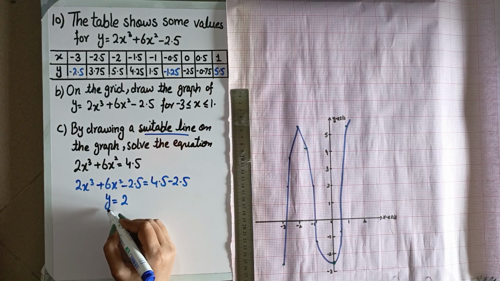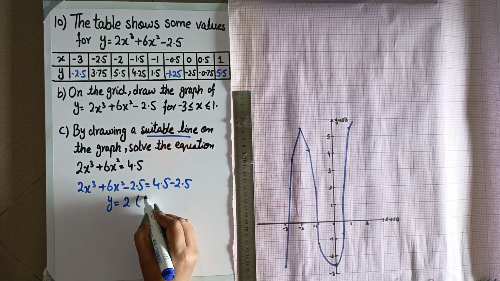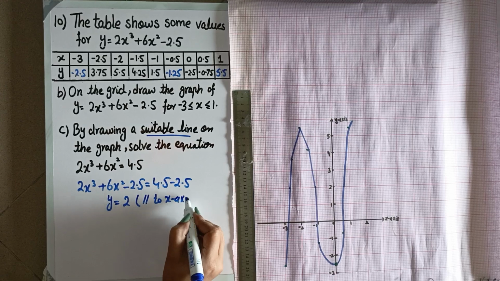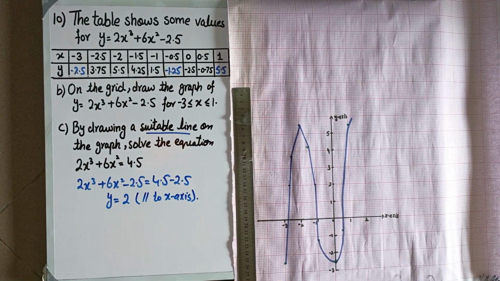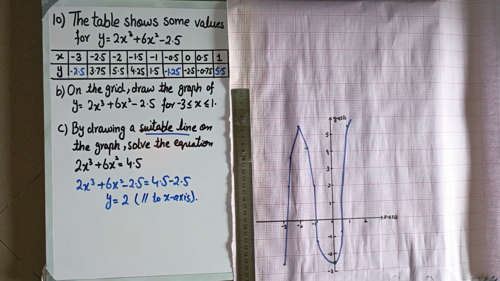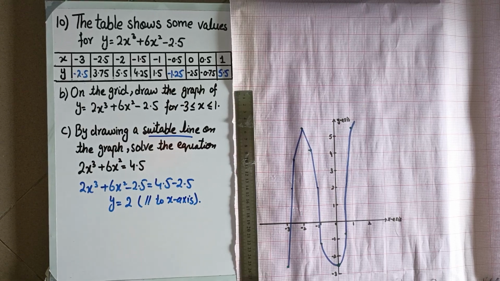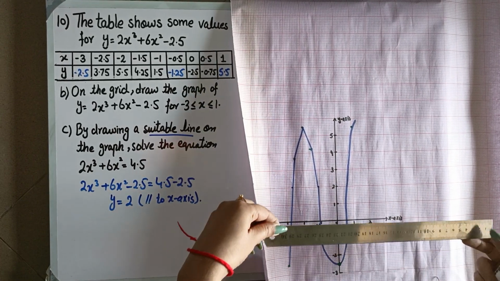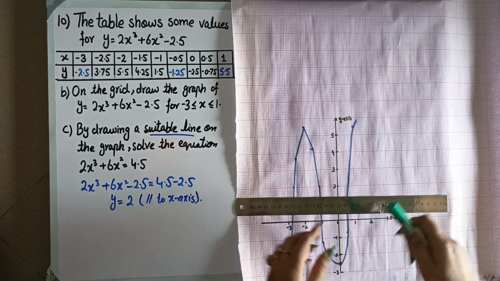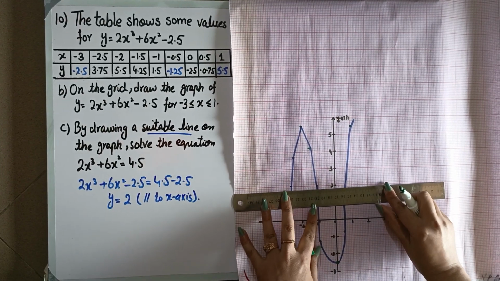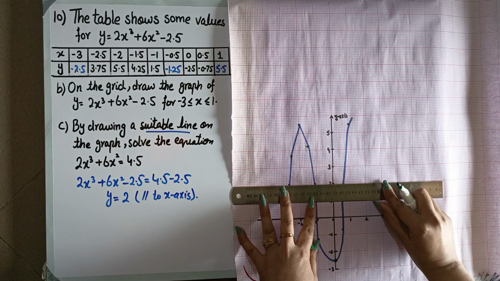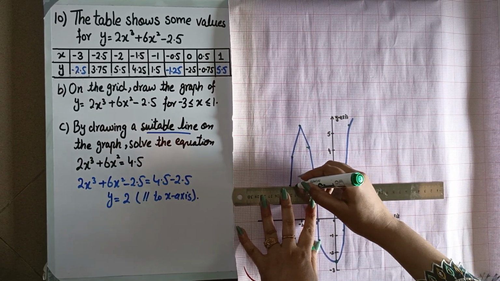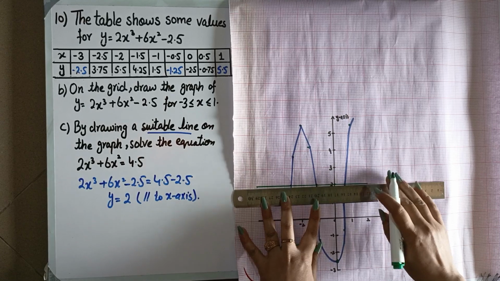Whenever you get the value of y to be constant, the line will be drawn parallel to the x-axis. He's asking you to find the values of x as well. So we are going to draw the line over here for y equals 2.